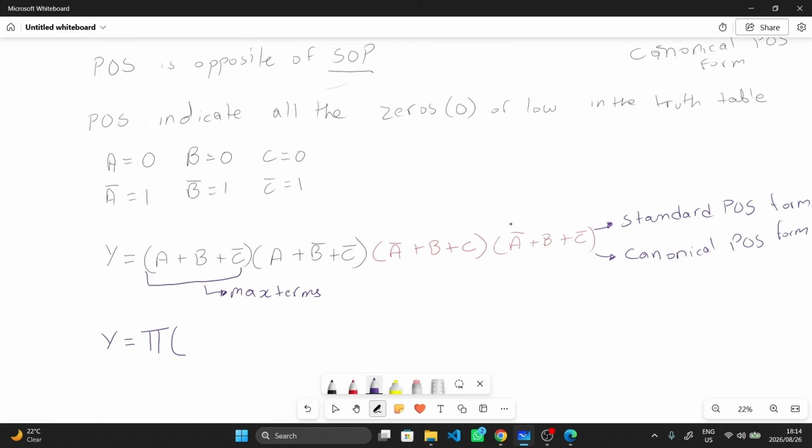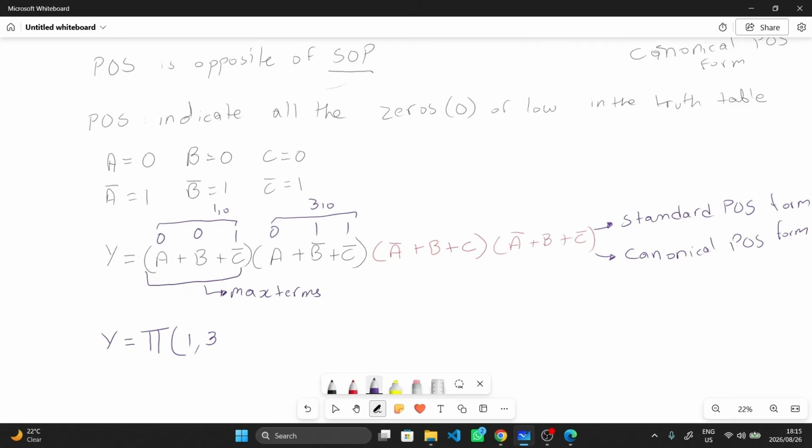For example, where A is 0, B is 0, C is 1, this will be 1. So we put 1. Where A is 0, B is 1, C is 1, this is 3, so we put 3.